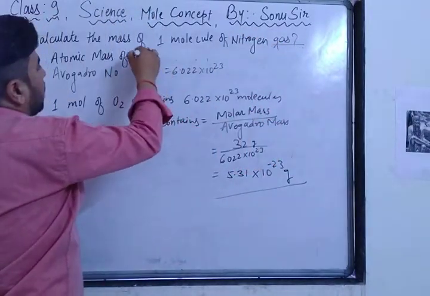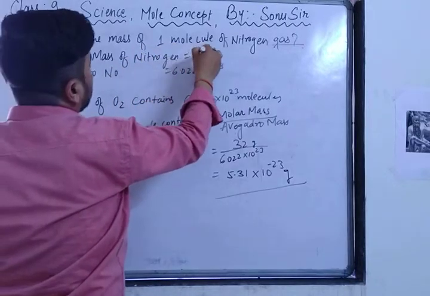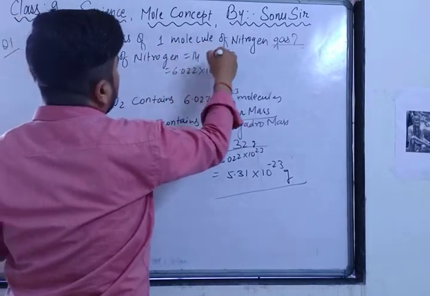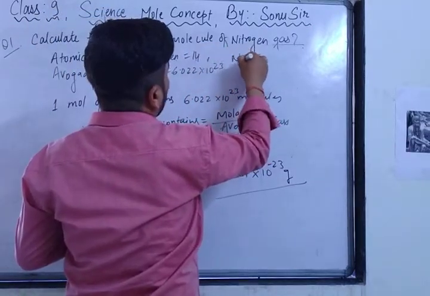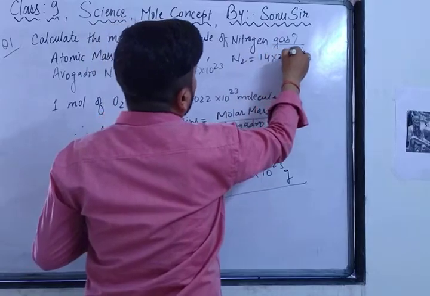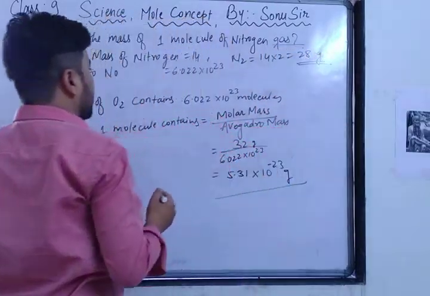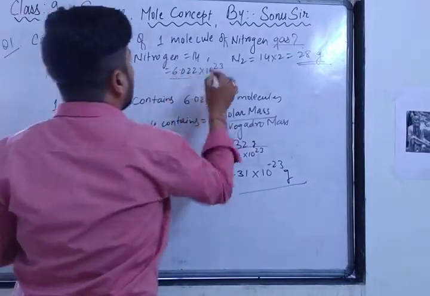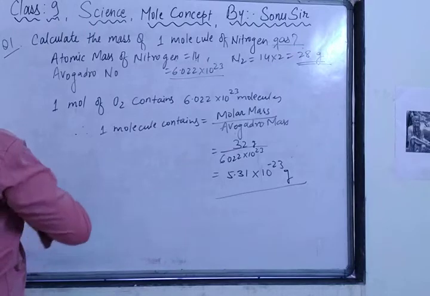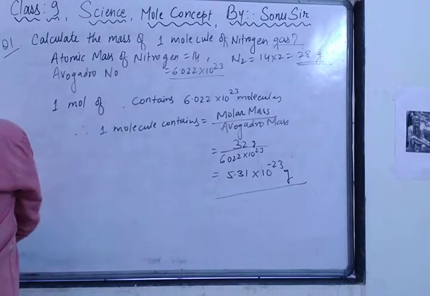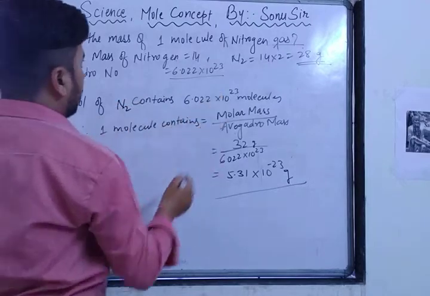So can you tell me what is the atomic mass of nitrogen? It is equal to 14. Therefore nitrogen gas, N2, is equal to 14 into 2, which is 28 gram. This is the molar mass of nitrogen, okay? And Avogadro number is 6.022 into 10 to the power 23. 1 mole of N2, nitrogen gas, contains 6.022 into 10 to the power 23 molecules.